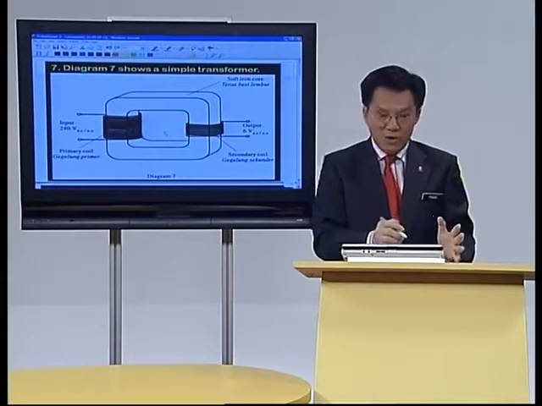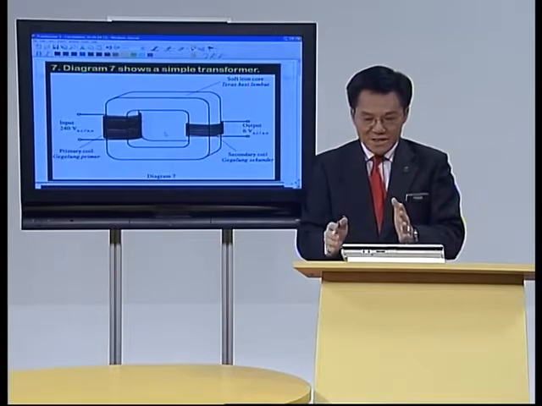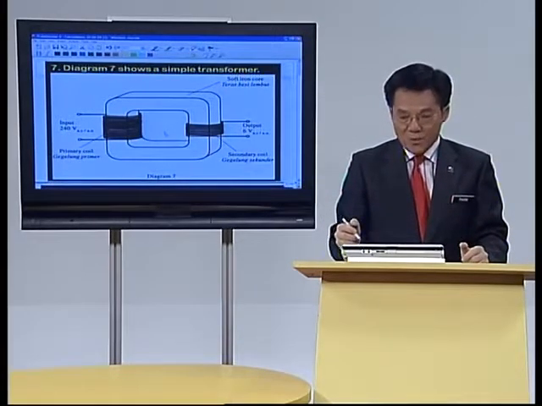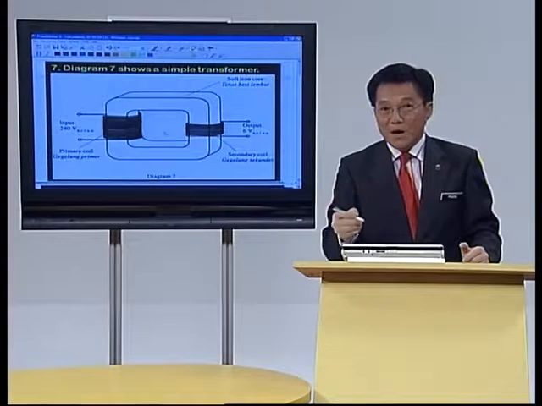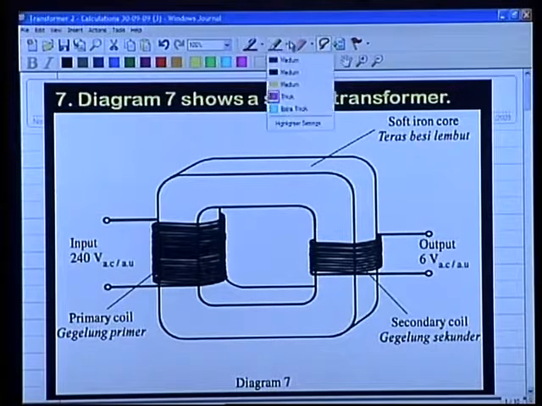Now, once again, we look at this transformer diagram and we want to tackle the question. We want to calculate what is the power on the output, on the secondary coil. I'm going to write down a few important things now. First and foremost, I'm going to highlight it.